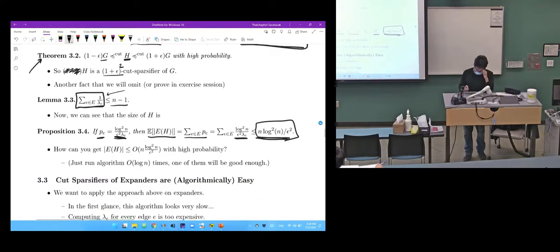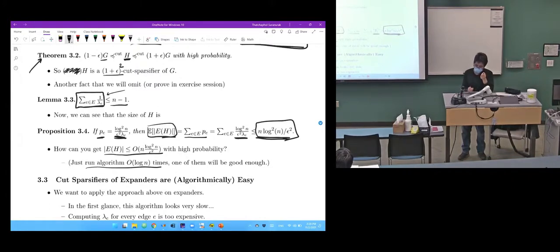Okay. So this is just in expectation, but what if you want this bound to hold with high probability? Again, a simple trick: run the algorithm log n times and one of the calls will be good with high probability. So it's fine to get expectation here.